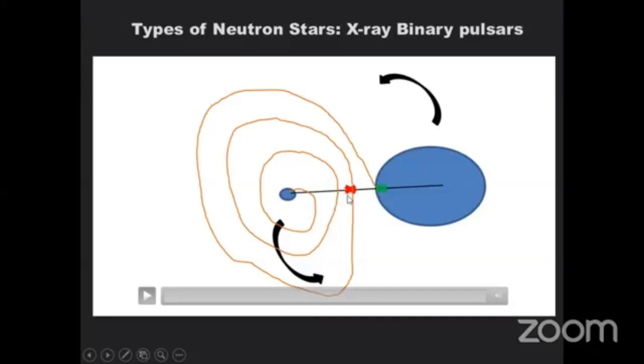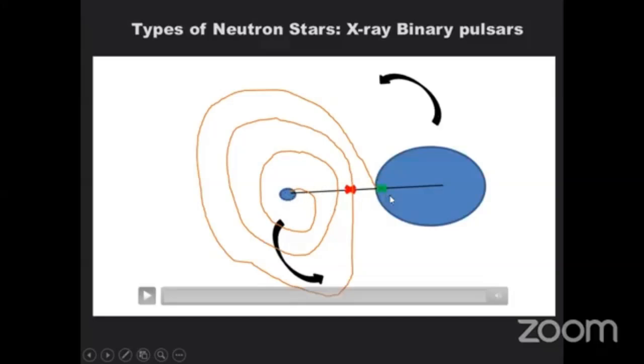But if, for instance, this inner Lagrangian point lies within the star, that means if these two systems are closer, this line is going to come right inside the star. So the matter here will feel a resultant force towards this accretor.